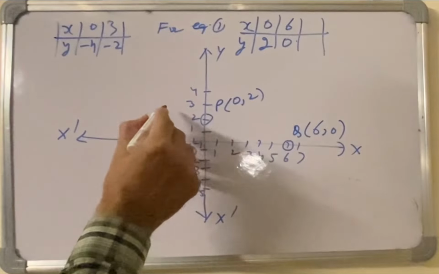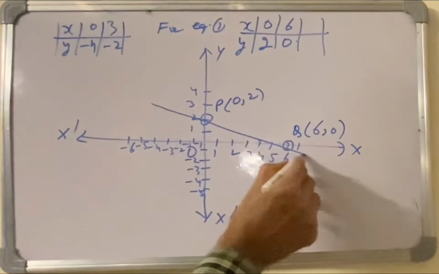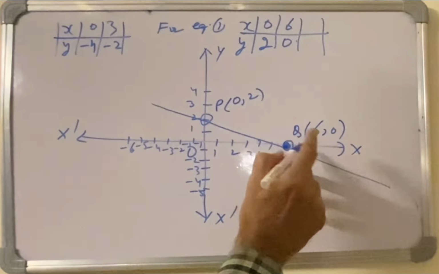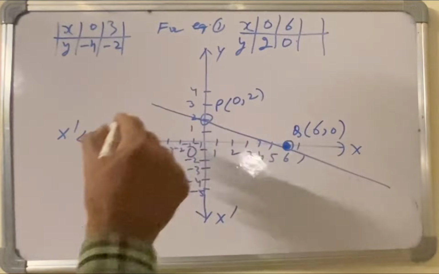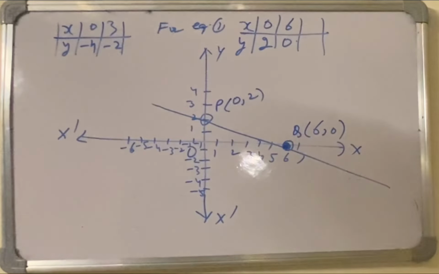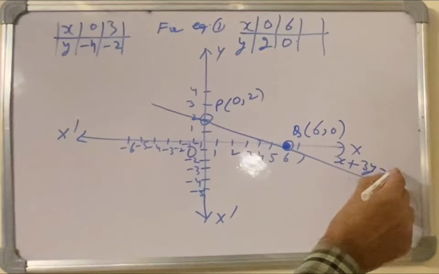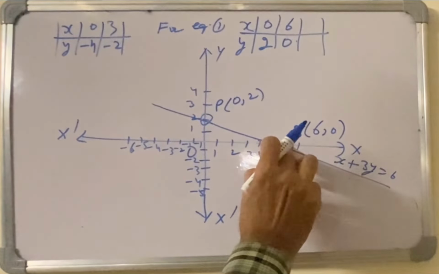We join these 2 points. This is line first equation, x plus 3y is equal to 6.